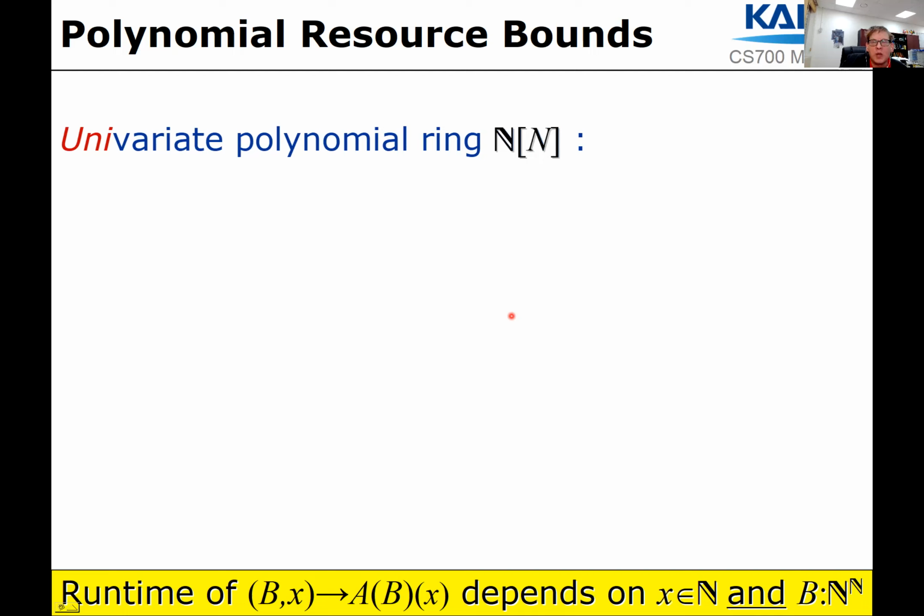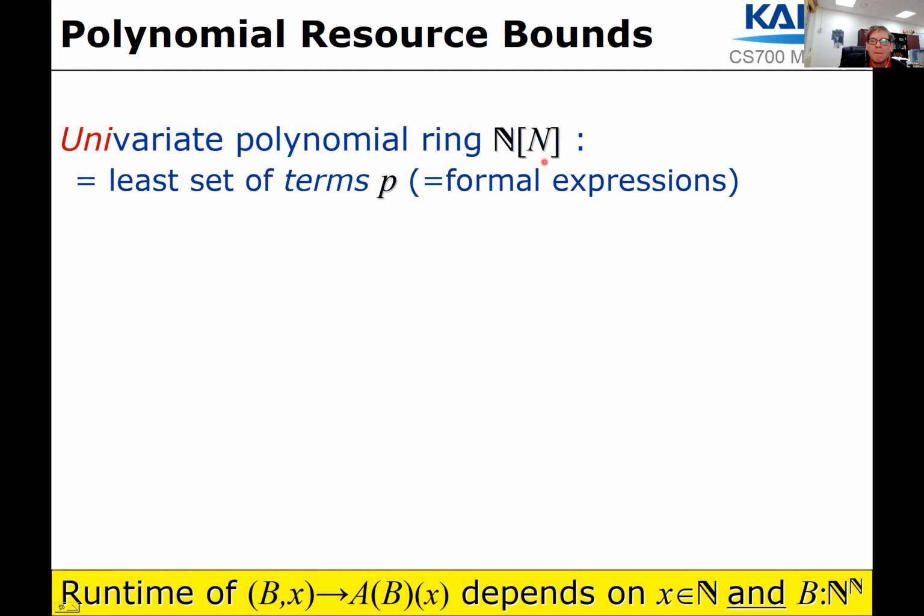So univariate polynomials over natural number coefficients in one variable n, which will then later be used to represent the binary length of the input. That's what we call polynomial running time, complexity class P, complexity class FP, and polynomial memory bound, complexity class PSPACE.